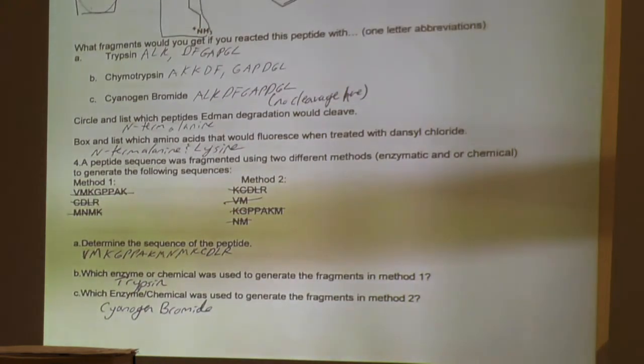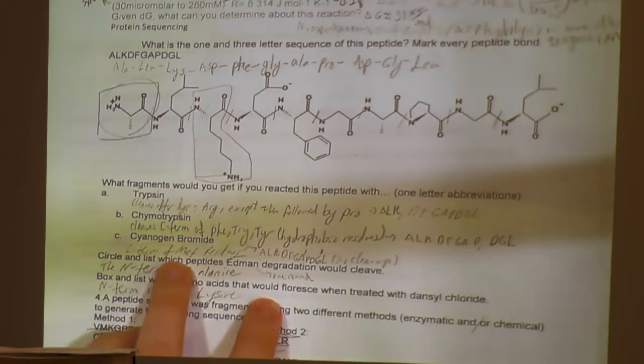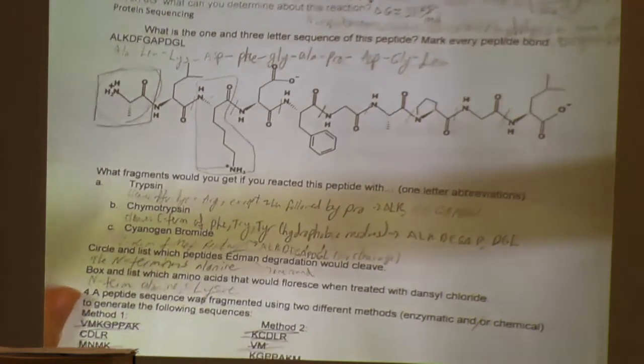All right, any questions, comments, concerns about that one? That's where cyanogen bromide cleaves. Cyanogen bromide cleaves on the C-terminus of methionine residues.